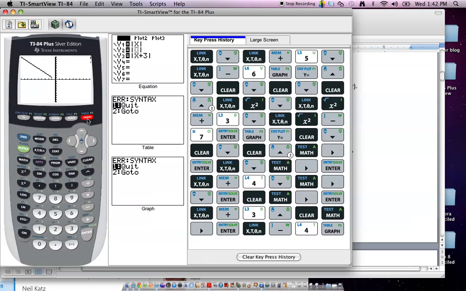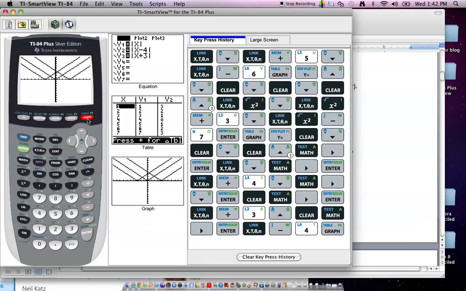Okay, so I'm going to put the graphs in. And this time, one of the things you should notice right away is that absolute value bars are like parentheses. They're like a grouping symbol of some sort. And it's no longer going to be a vertical shift. It's going to end up being a horizontal shift.